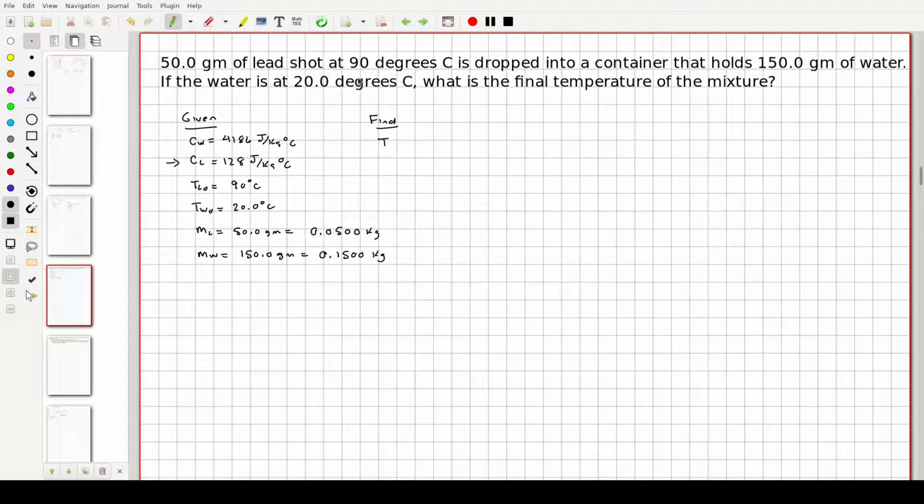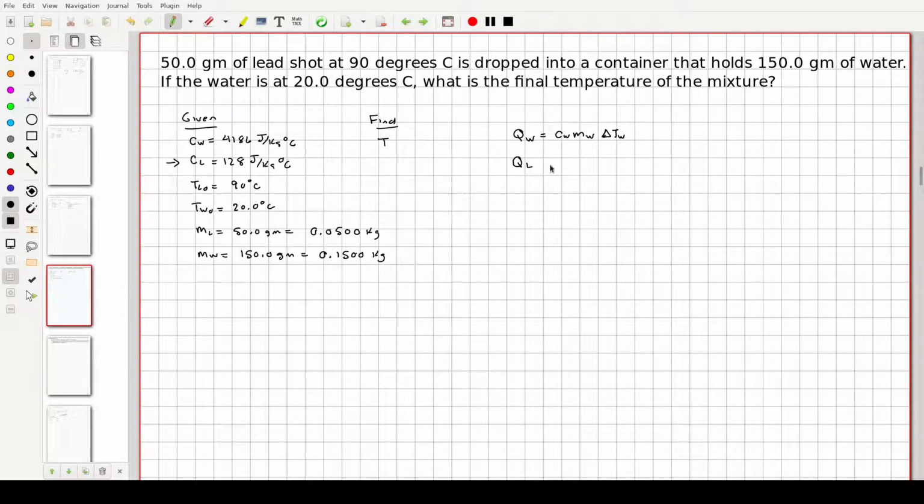In this situation, because the lead has the highest temperature, it's going to lose heat. Now the water has a lower temperature, and its temperature is going to go up, which means its heat is going to increase. So we expect Q to be positive for the water because the change in temperature that it's going to experience is going to be positive.